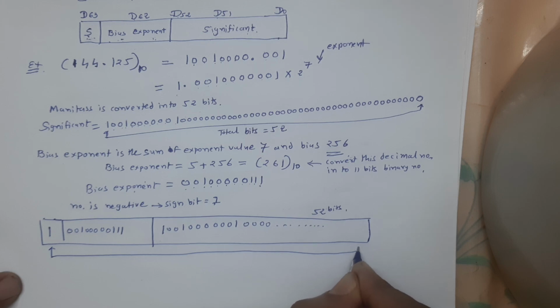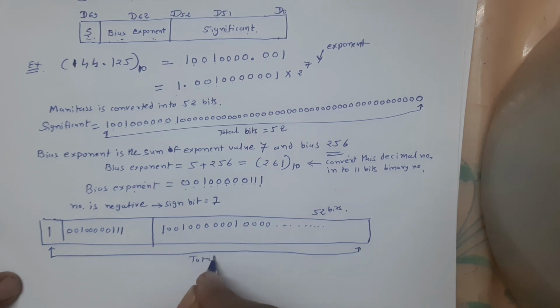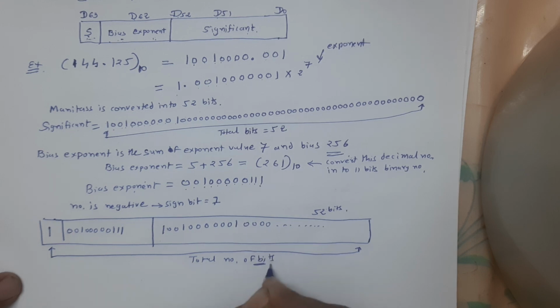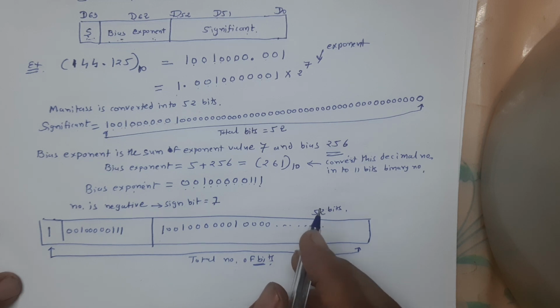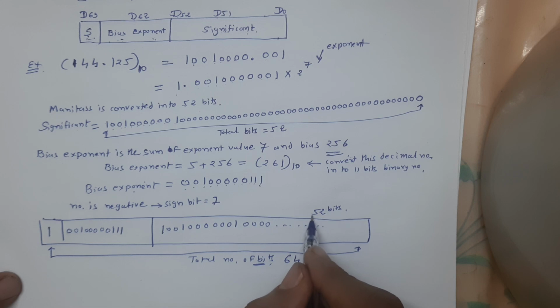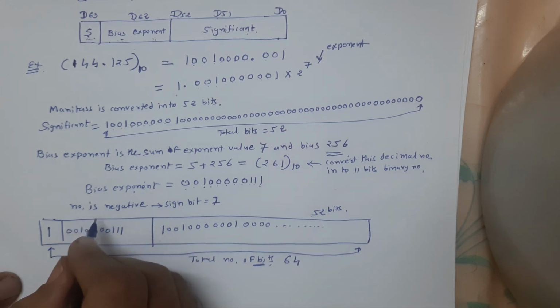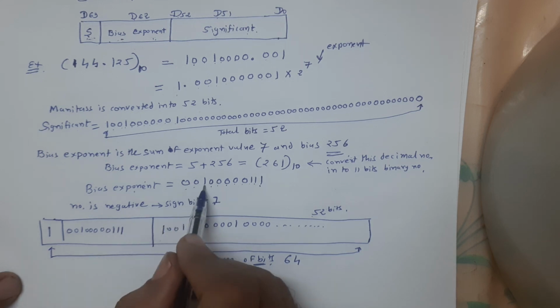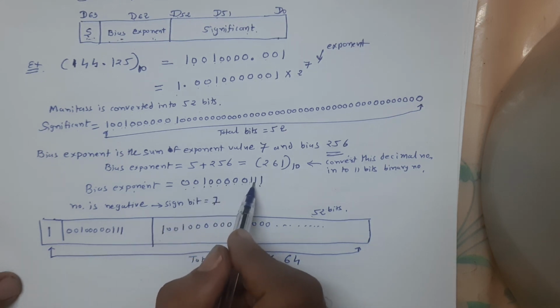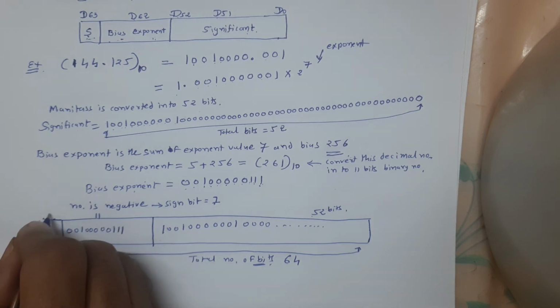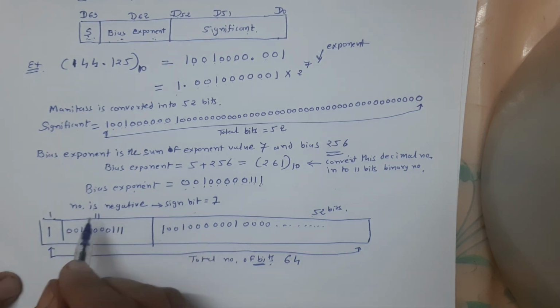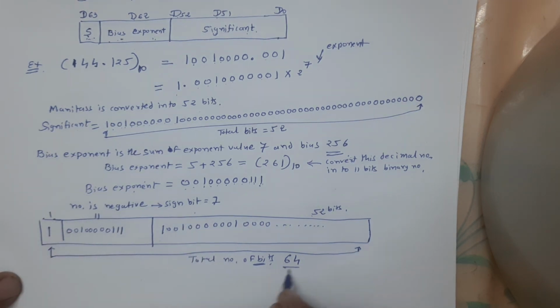So the total number of bits, how many? Total number of bits is 64. This is your 52 bits, this is your bias exponent of 11 bits, and this is 1 sign bit, so 52 plus 11 plus 1 means 64.